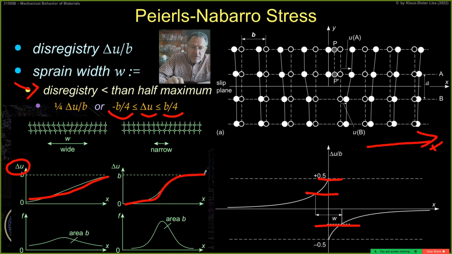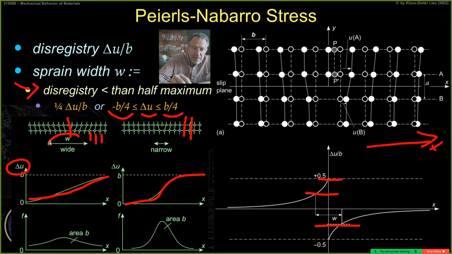So in the broad way, even far away, many lattice planes away from the dislocation at x equals 0, we still have measurable disregistries, so displacements. While in a narrow way, it relaxes much faster in a narrower band. And this we call the width of a dislocation.